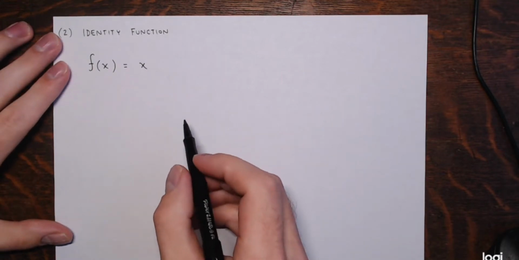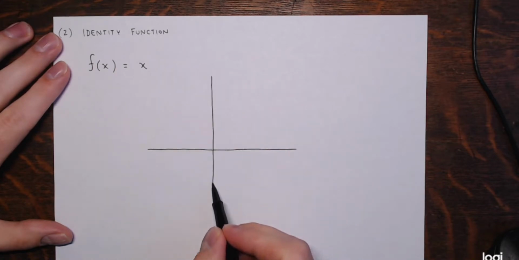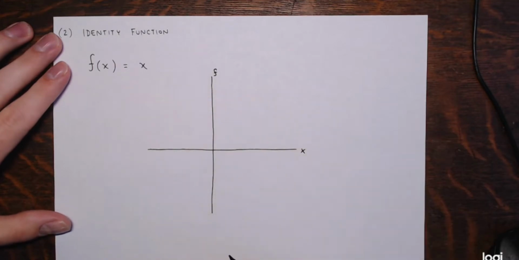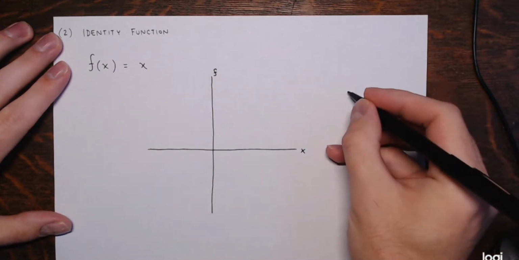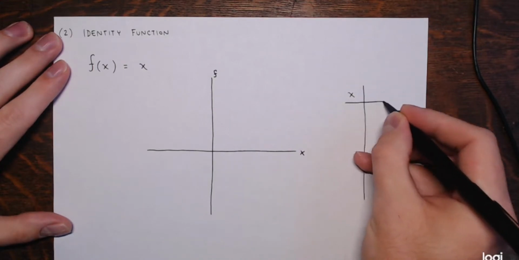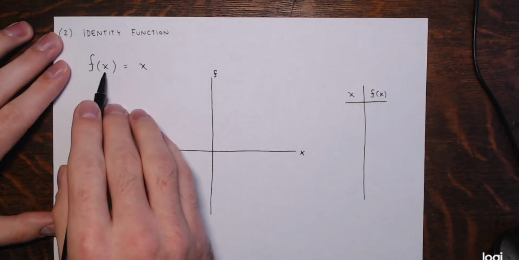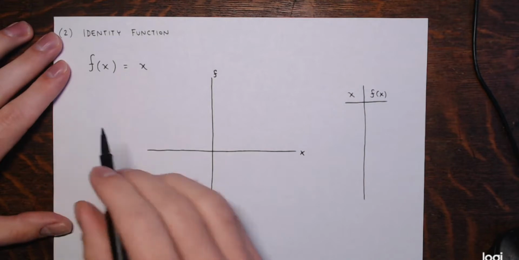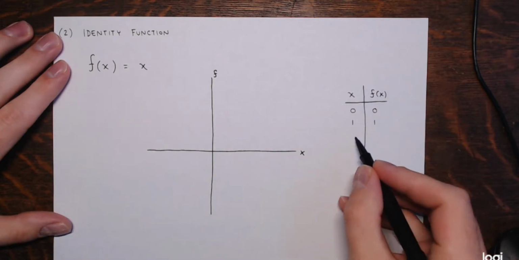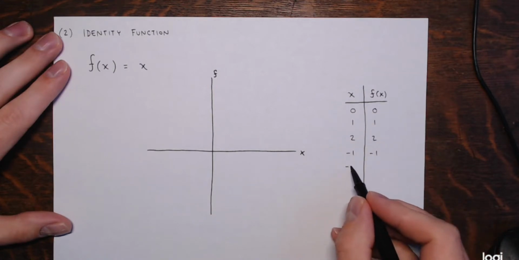All right. So again, very, very simple graph to make. I'll just make a rough sketch here, x and f, or x and y. And if I'm making a table, f of x or x, y, input, output, it's very simple. Whatever the input is, that's also the output. So input 0, output 0, input 1, output 1, input 2, output 2, input -1, output -1, input -2, output -2.